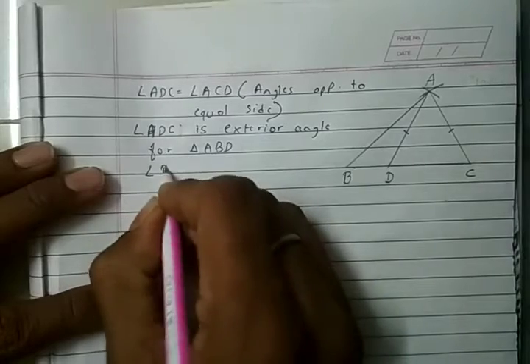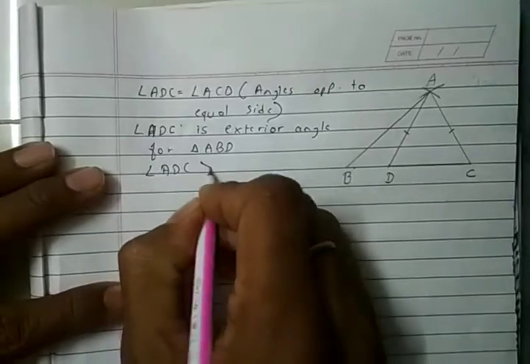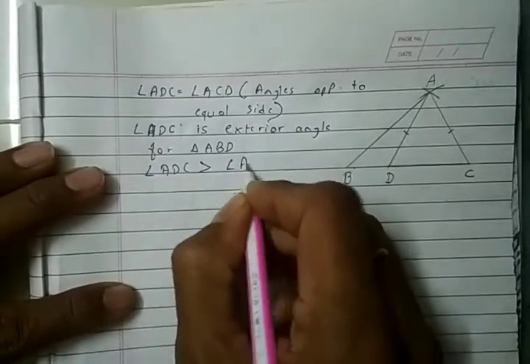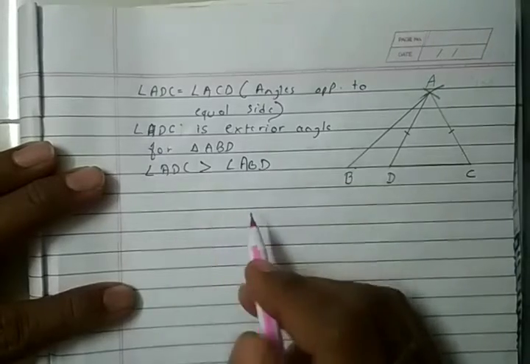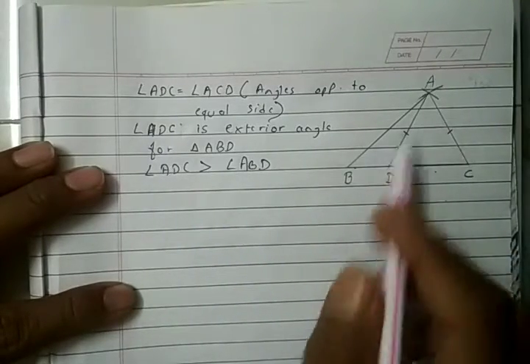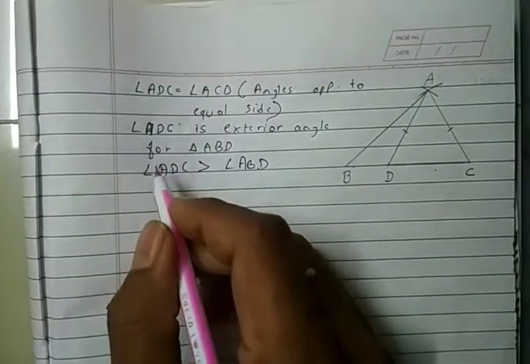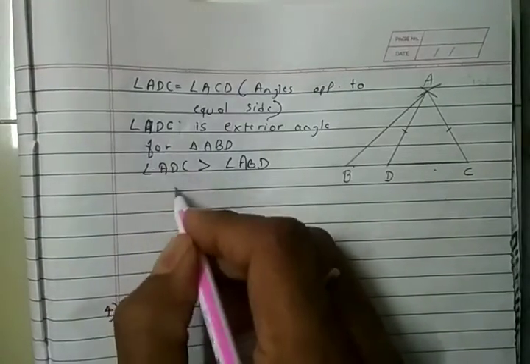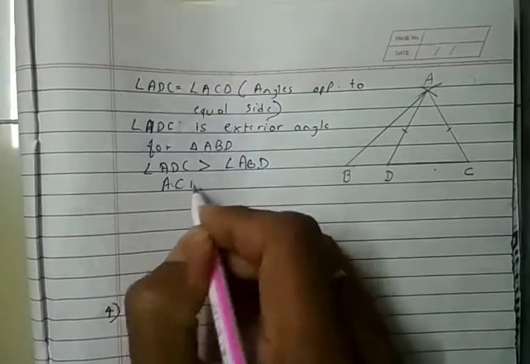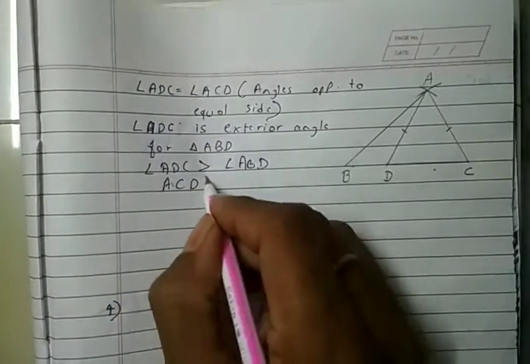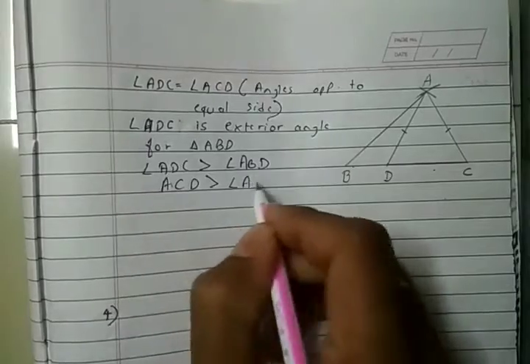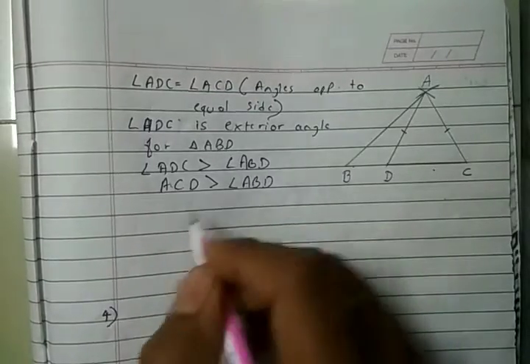So angle ADC is greater than angle ABD because it is the exterior angle. And you can say that angle ACD is greater than angle ABD.